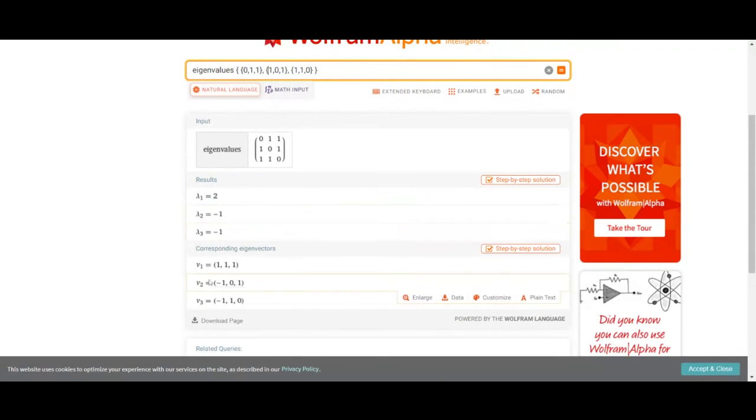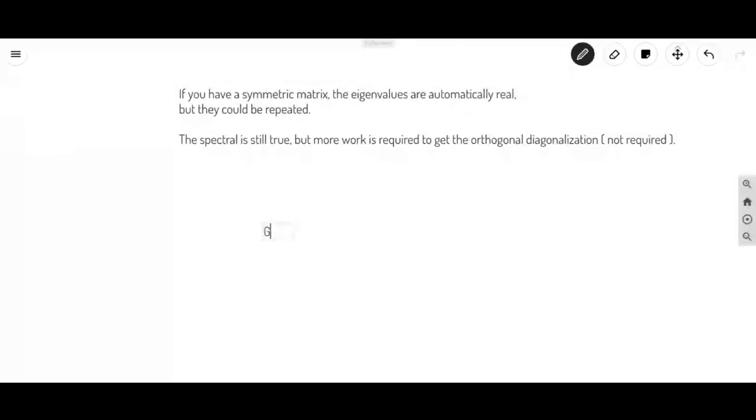There's an algorithm for how you can take these two eigenvectors and transform them into ones that are perpendicular. If you're interested, you can look this up in your book. There's something called the Gram-Schmidt algorithm.